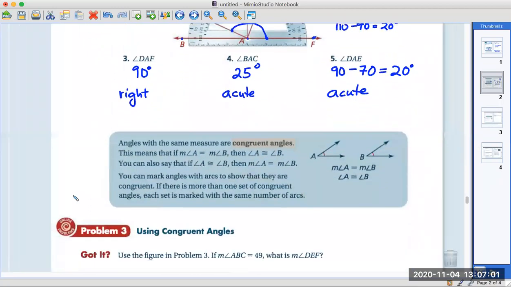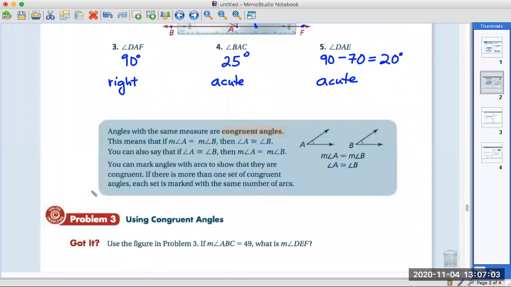And here we're talking about, I'm not sure if we have discussed this symbol, I'm sure we have somewhere. Angles with the same measure are congruent angles. This is the word you need to know, congruent, okay? This means that if angle A and angle B are equal, then they must be congruent.